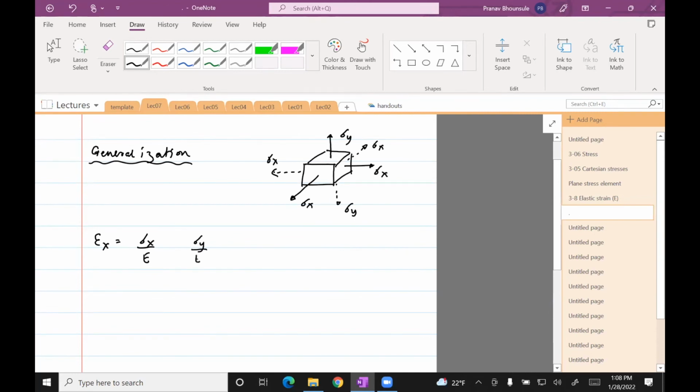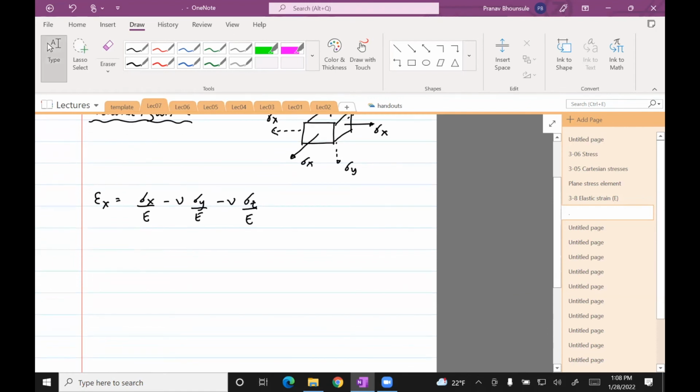Sigma y and sigma z will create a strain, but that would be multiplied with the Poisson's ratio. So a better way of writing this is perhaps pull E out, and then sigma x minus mu times sigma y plus sigma z.